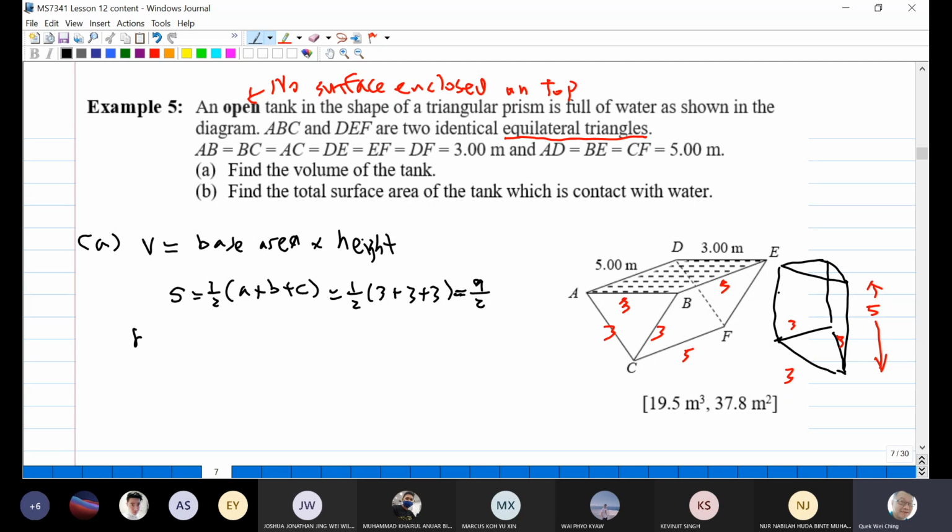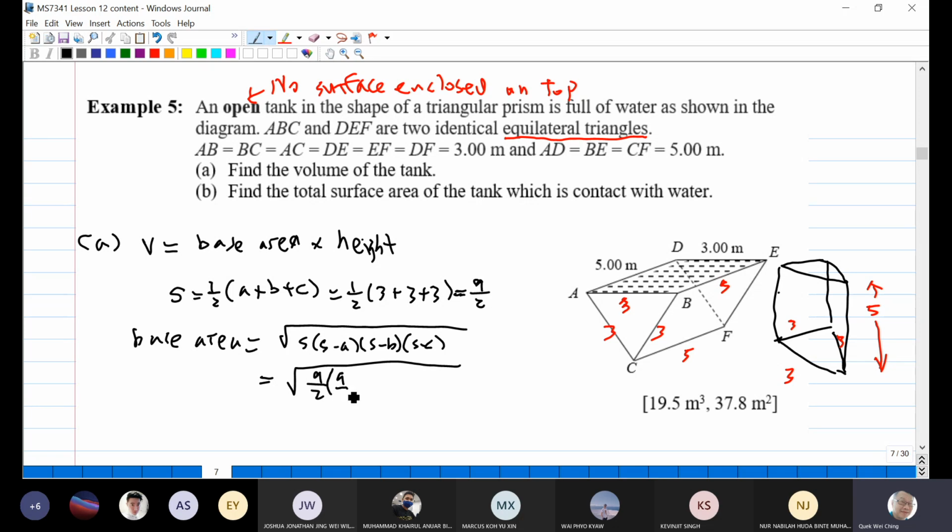So the base area is the square root of S times S minus A, S minus B, S minus C. S is 9 over 2, and A, B, C are all 3, so each S minus side is 9/2 minus 3, which is 3/2.